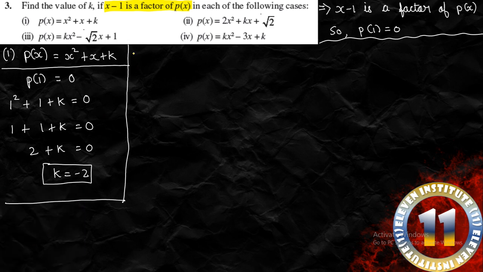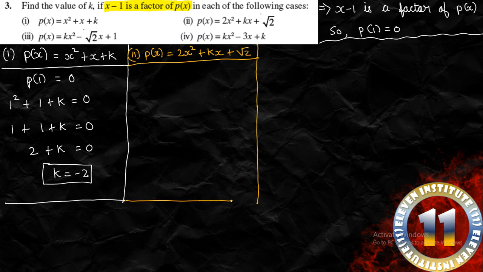Let us solve the second one. Again, first we will write the polynomial over here. Yes, so this is the polynomial, and again here also what we will write is that p of 1 is equal to 0.